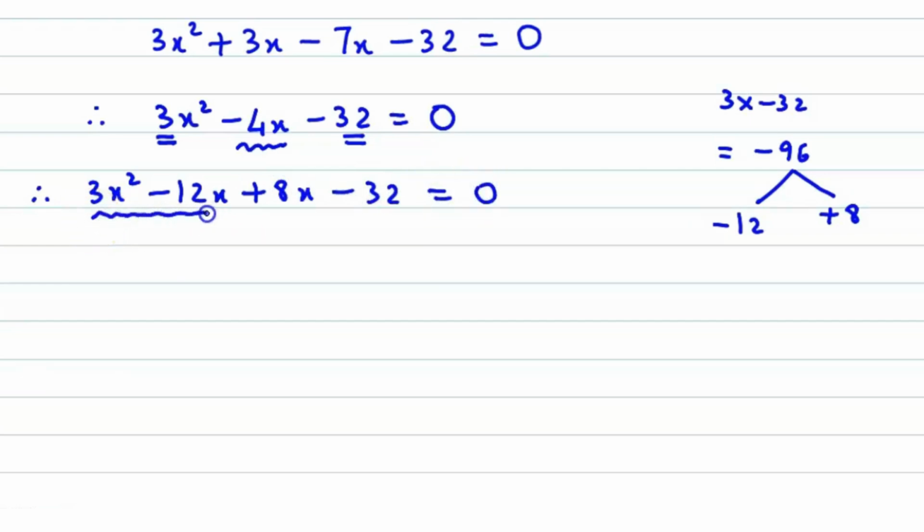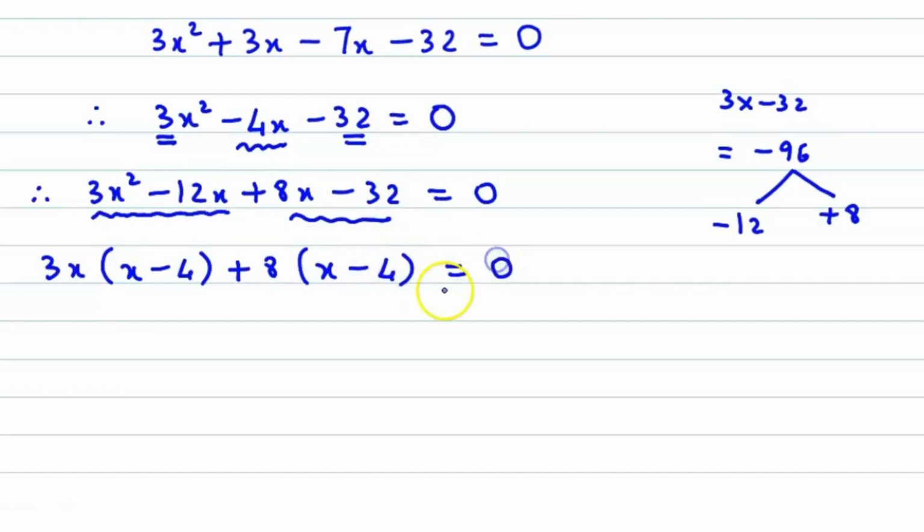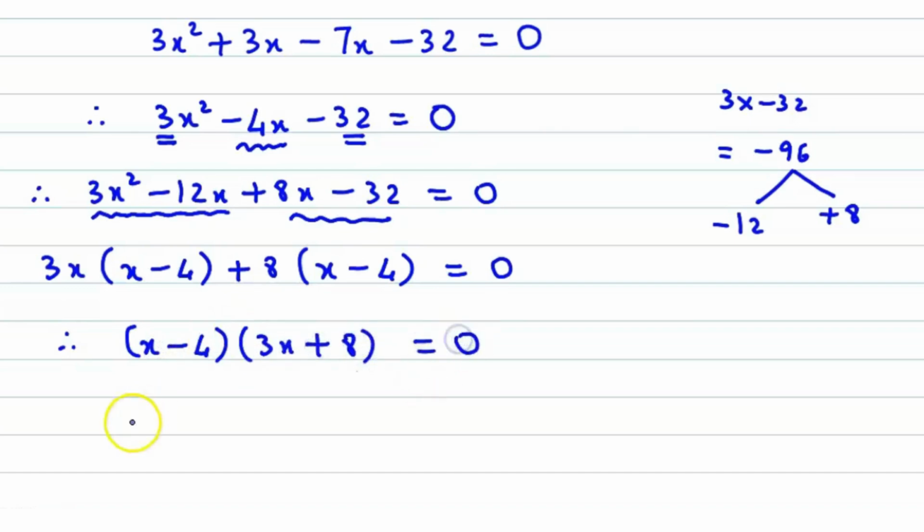Taking 3x common from the first and second terms, we get 3x times x minus 4. Taking 8 common from the third and the fourth terms, we have plus 8 times x minus 4 equal to 0. So therefore, we obtain x minus 4 into 3x plus 8 is equal to 0.